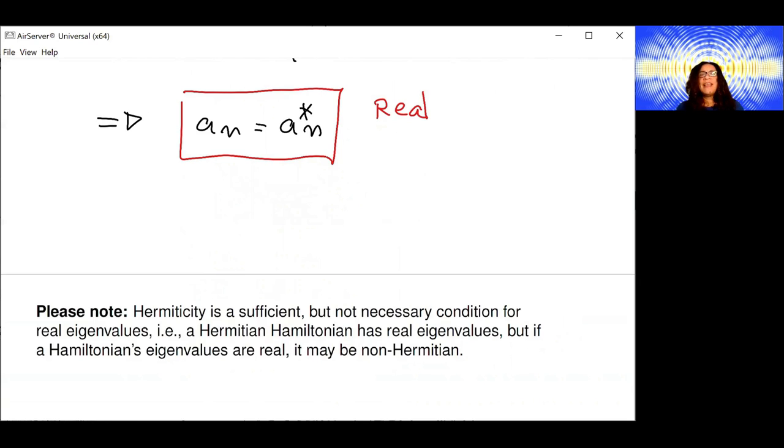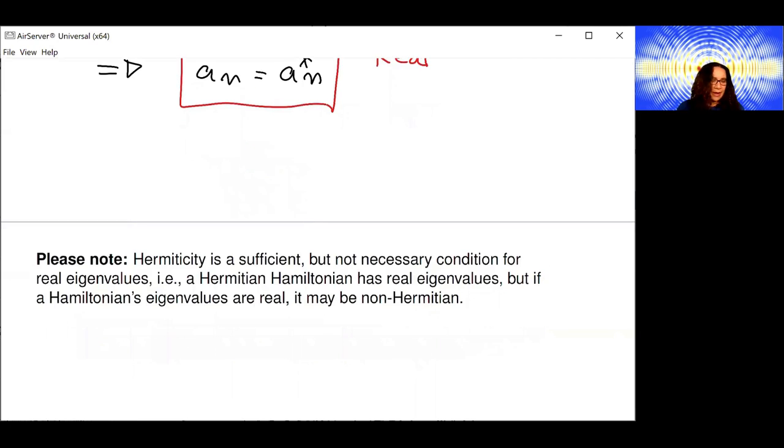This means that a Hermitian Hamiltonian has real eigenvalues, but if the Hamiltonian's eigenvalues are real, it may be non-Hermitian or it may be Hermitian. So the arrow goes just one way. Okay, and this is an important point because there are people researching non-Hermitian Hamiltonian systems with real eigenvalues.